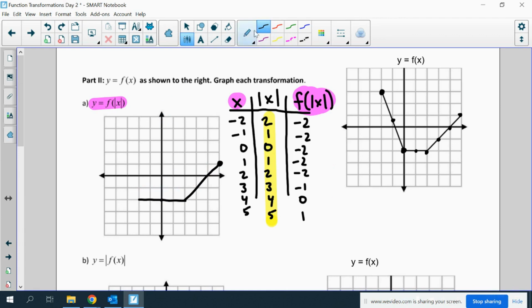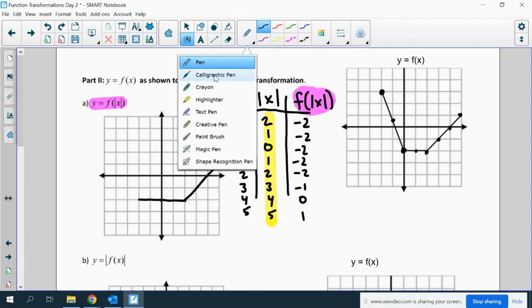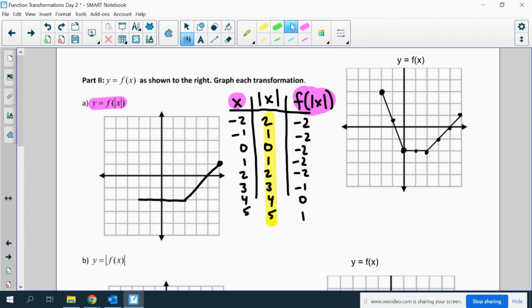And what I see is when I take the absolute value of x and then do the function of what's happening there, everything that's on this side of the graph is going to get mirrored over to the other side.